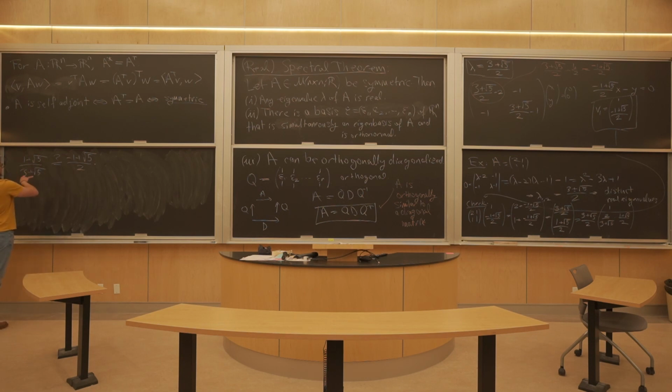Okay, send this to the other side, send this to the other side. So this is 2 times (1 plus root 5). Is this equal to (3 plus root 5) times (minus 1 plus root 5)?